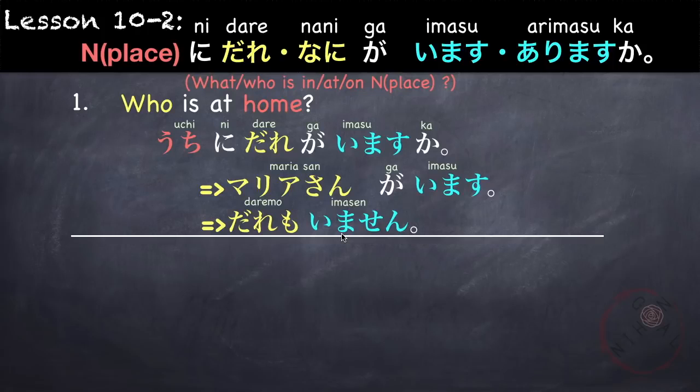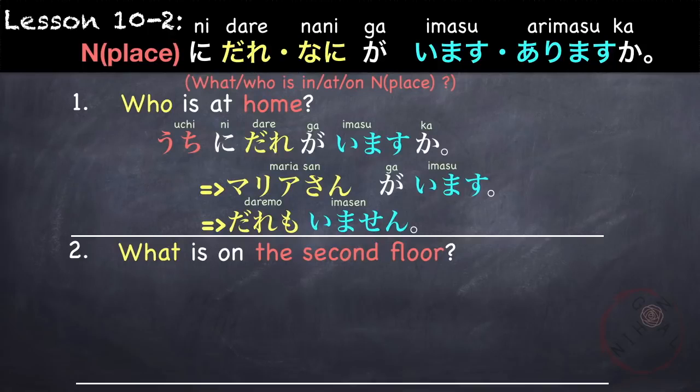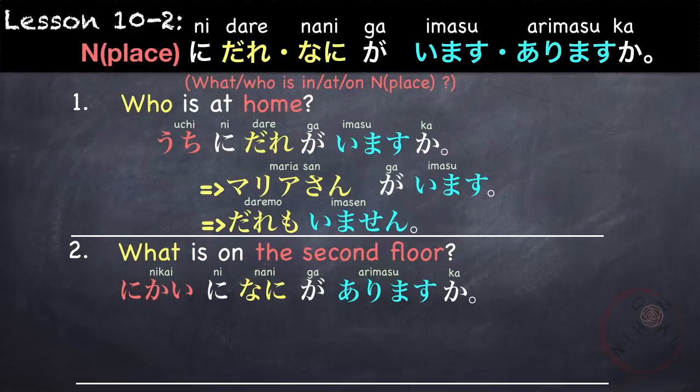Another example, what is on the second floor? The second floor is nikai. Ni. What? Nani ga arimasu ka? Nikai ni nani ga arimasu ka?